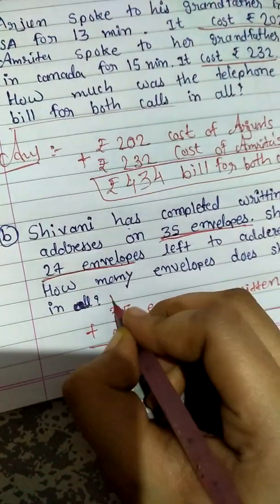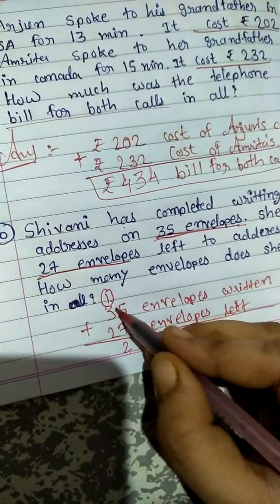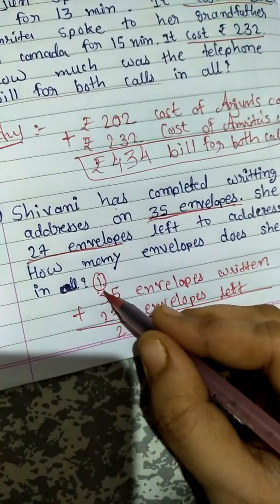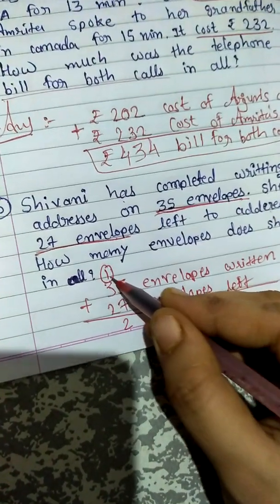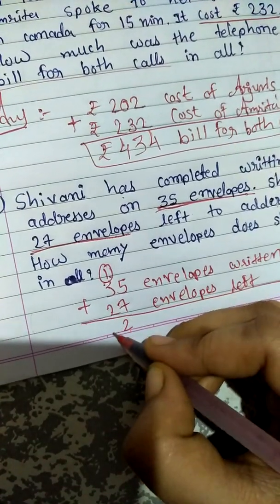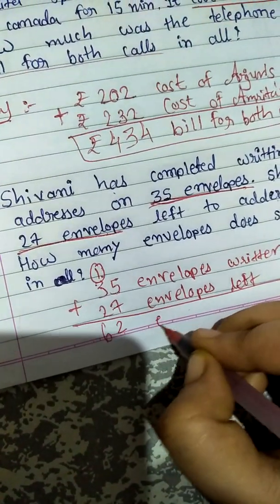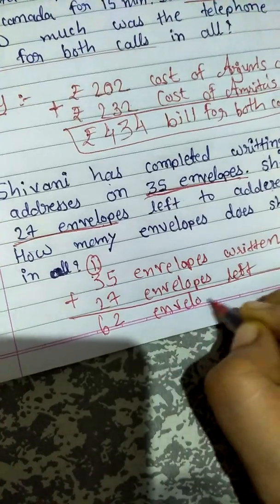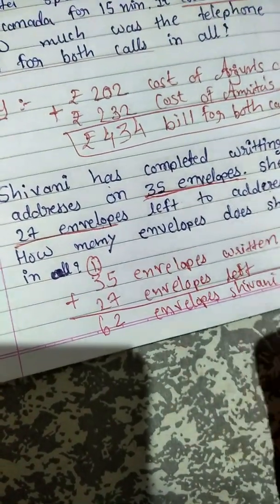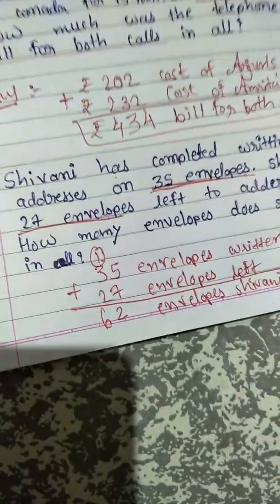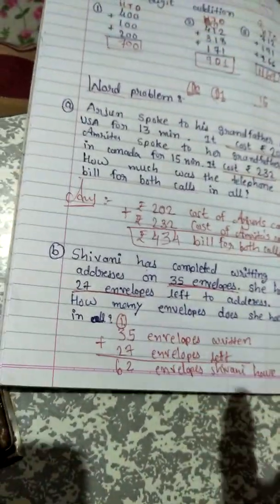Okay, 1 will carry, 1 plus 3 plus 2. Don't forget to count the carry number. Okay, you have to count it also. So 1 plus 3 plus 2, it is 6. So 62 envelopes Shivani has. Okay students, so it is very simple.